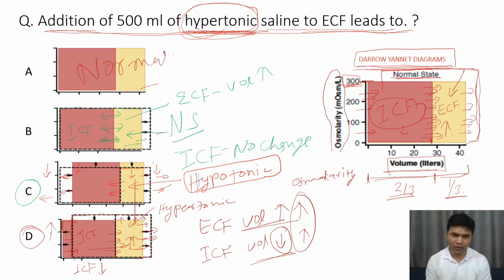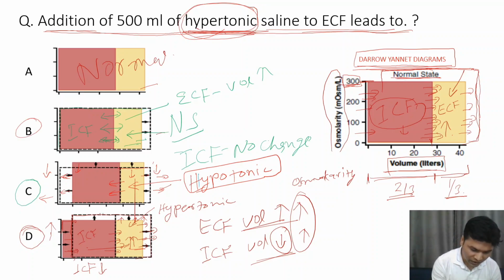Because water is moving out of the intracellular fluid, its osmolarity is going to increase, and the extracellular fluid osmolarity is already high because of the hypertonic saline, and volume is also high. So extracellular fluid volume and osmolarity are both high, but intracellular fluid osmolarity is going to increase and volume is going to decrease. In the case of normal saline, there is no change in the intracellular fluid.